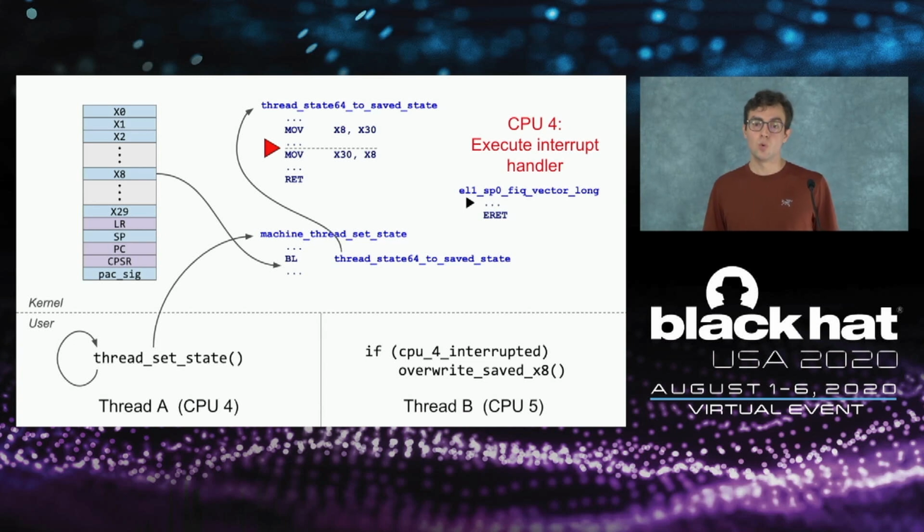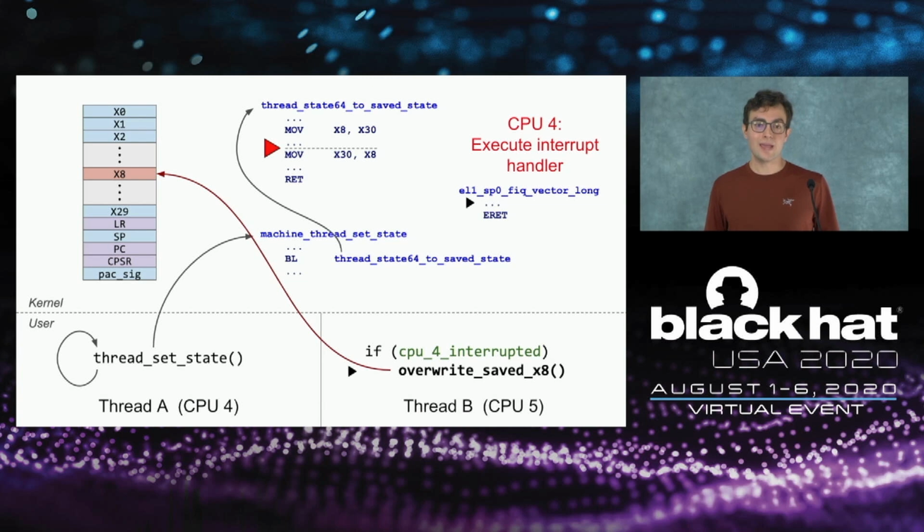While this is happening, we come in on thread B and see, oh look, indeed CPU 4 is interrupted. So it goes ahead and overwrites the value of register X8, which used to hold the return address. Now it's an attacker-controlled value instead.